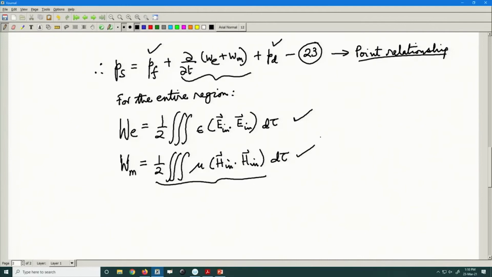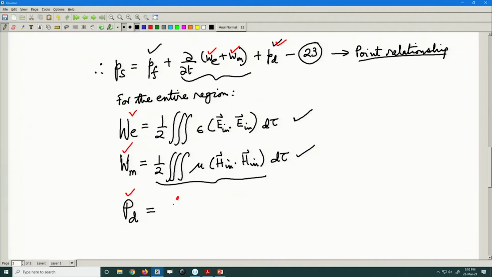And the net power converted to heat energy will similarly be found, P d, big P d. Note that this term is different from this term. This is small w e, this is capital W e. This is small w m, this is capital W m. This is small p d, this is capital P d.